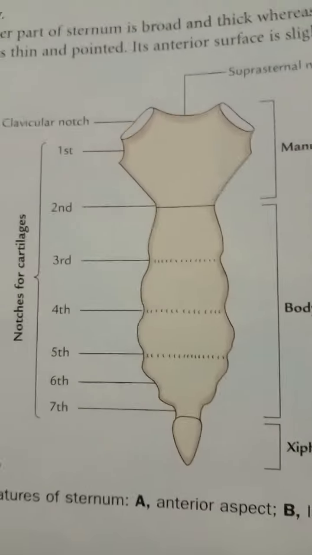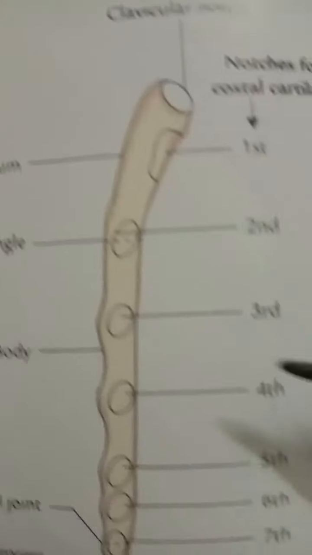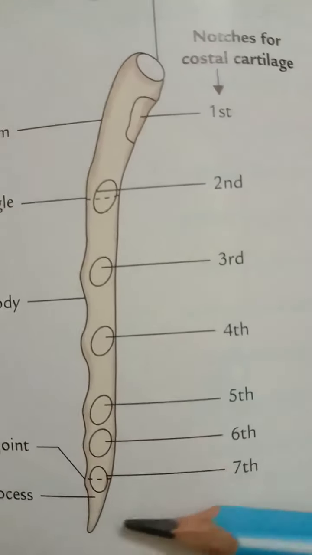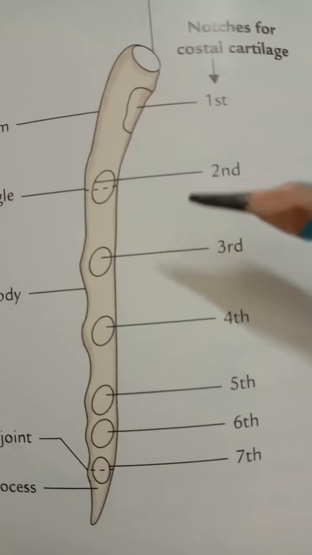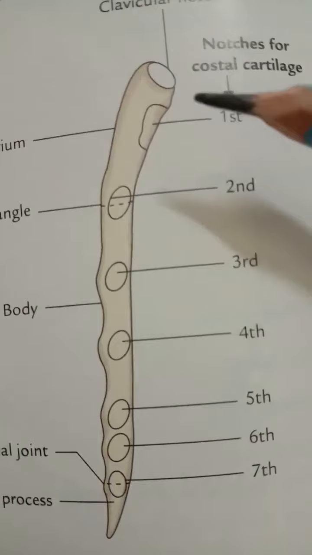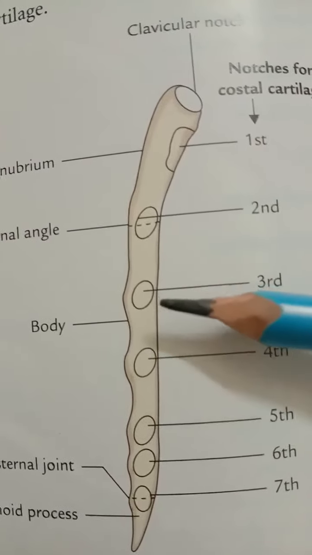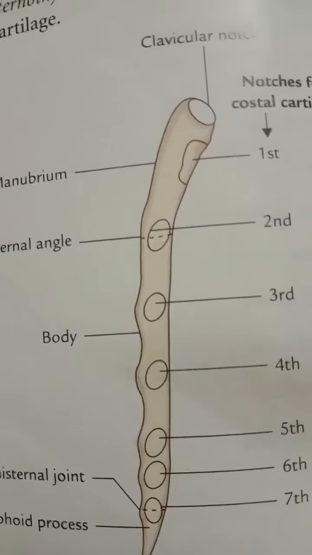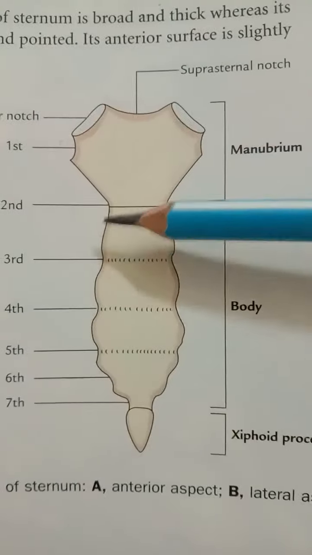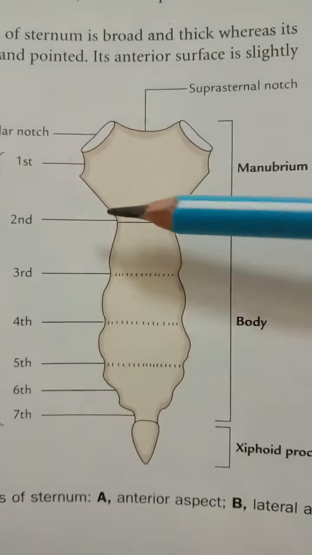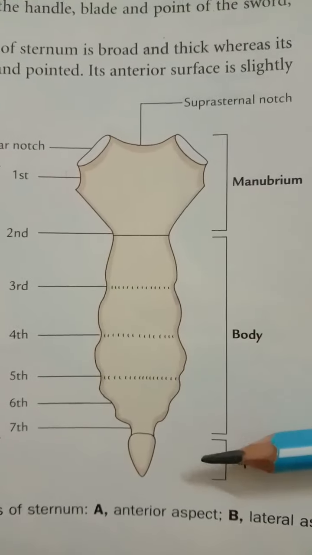Then the posterior surface. Here in this diagram you can see the posterior surface. It is slightly concave and marked by less distinct transverse lines. Then the lateral border, the right lateral border and the left lateral border.